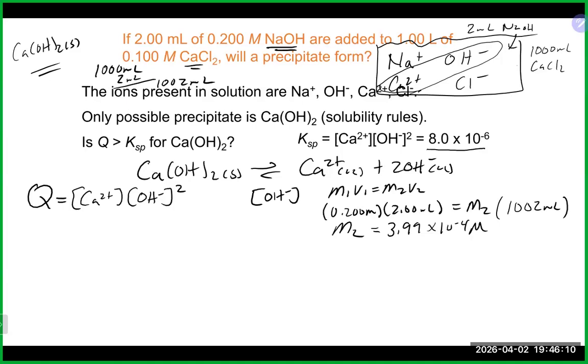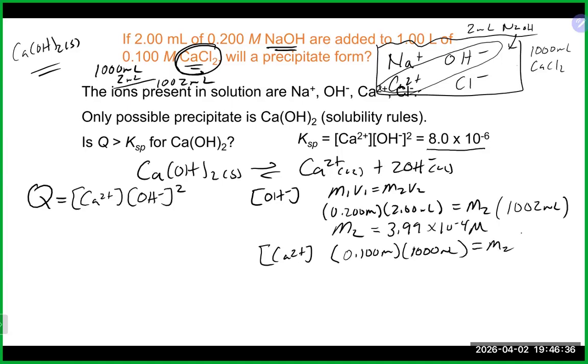Now, the only source of calcium is going to come from our calcium chloride, as that's the only thing that has calcium in it. And we would need to do a similar calculation for our calcium. So in this case, our M1 is 0.1 molar. Again, I'm going to use milliliters instead of liters here, so 1,000 milliliters is what we're using of it.